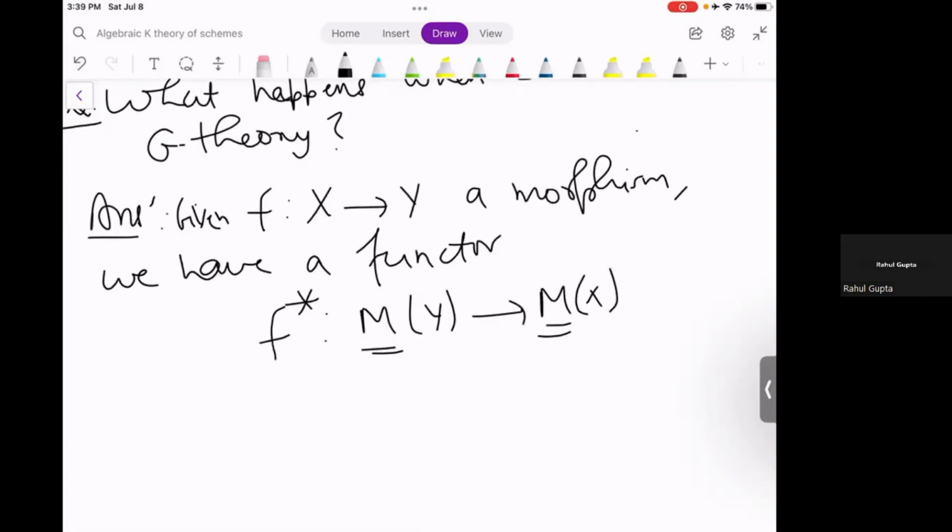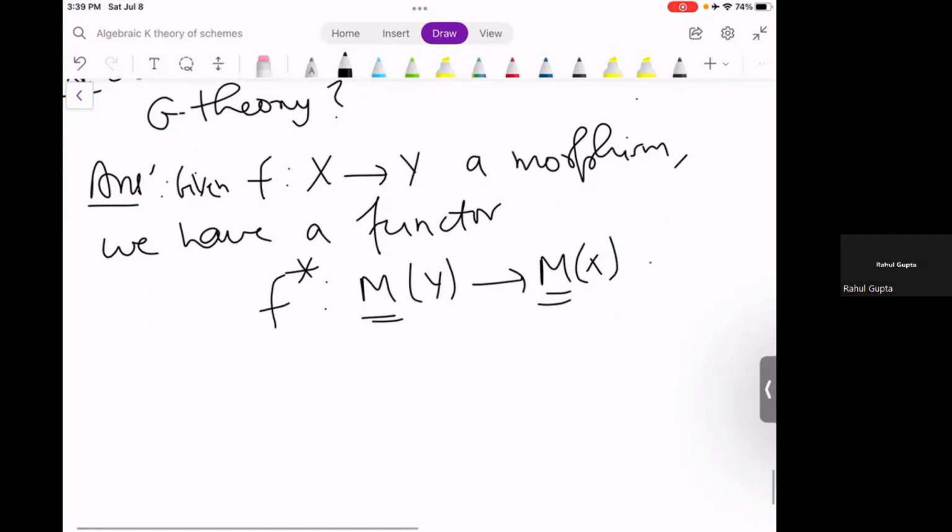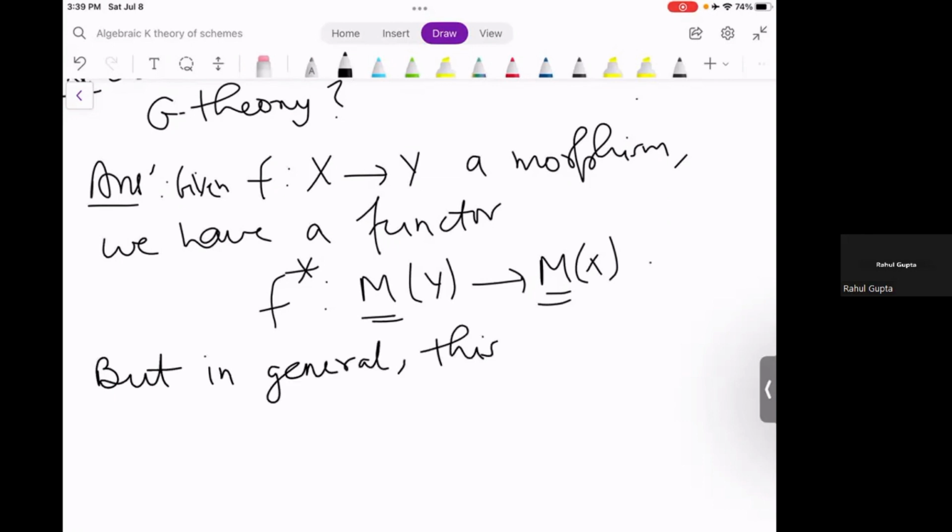Then why do we not get a pullback map on G theory? Yeah, but in general, this functor is not exact.